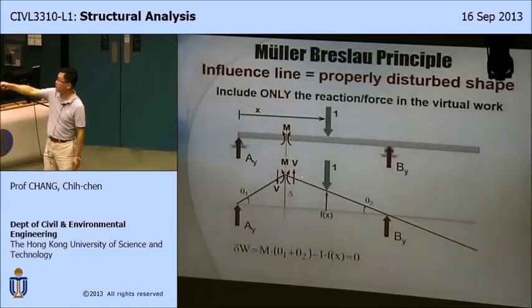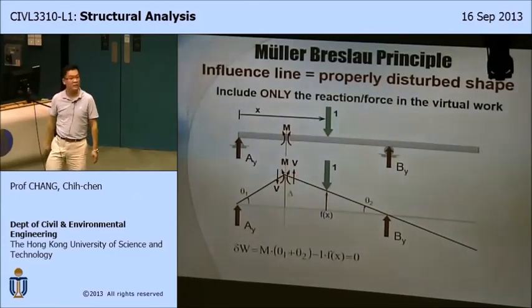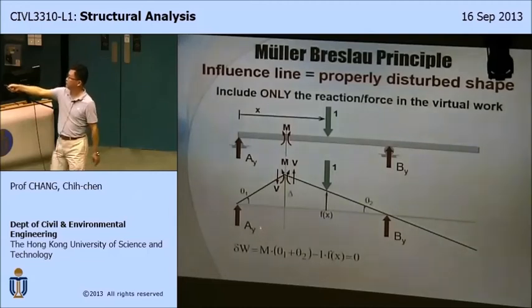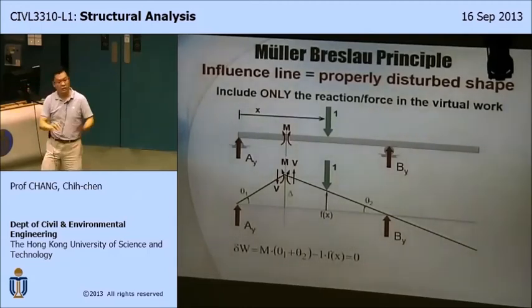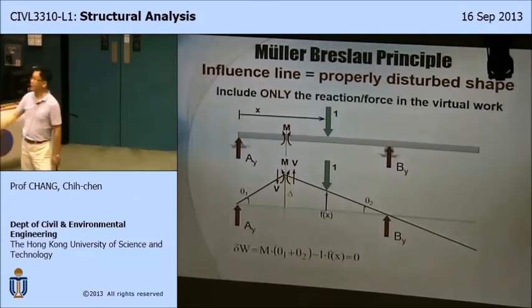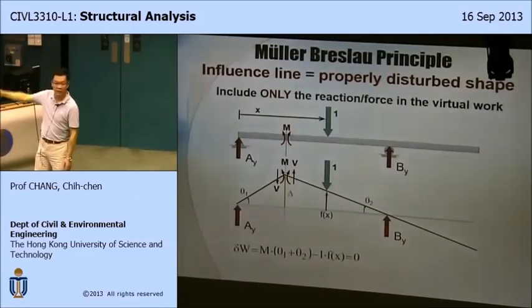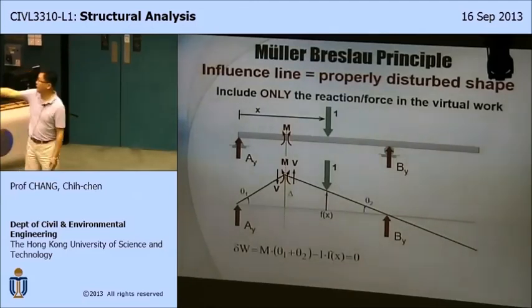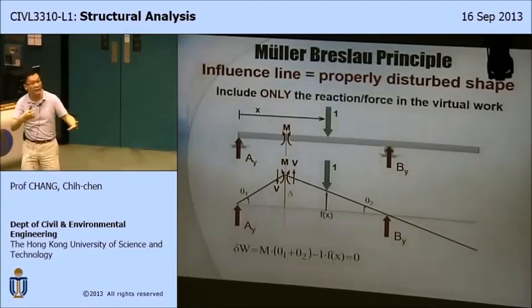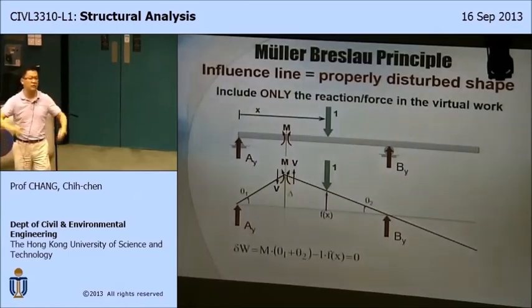This side's moment is clockwise and rotation is clockwise, so it will do positive work as well. So the work done is by the moments only; shear force is not doing any work. And you notice that point A and point B are held stationary, so they won't get into your virtual work.